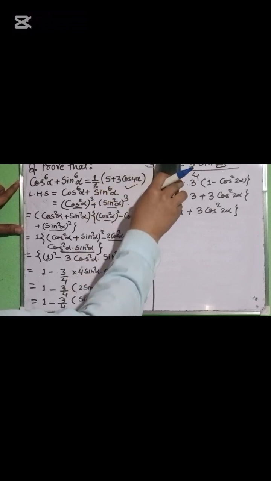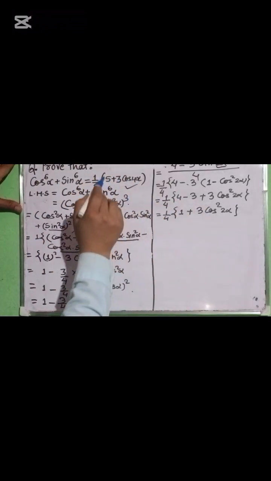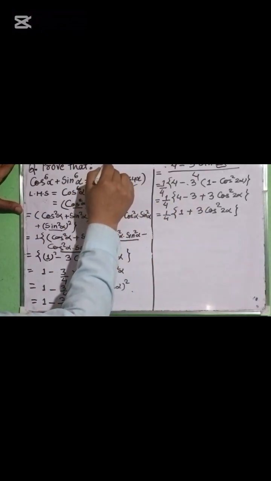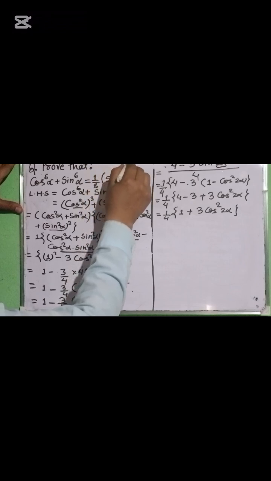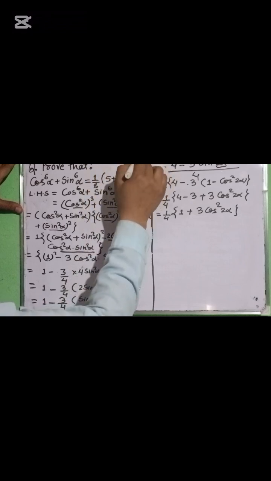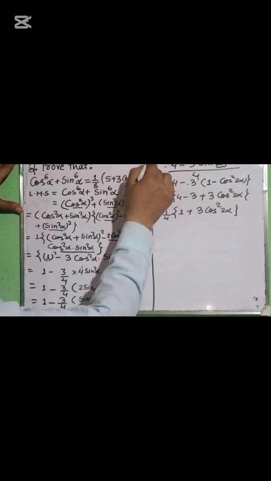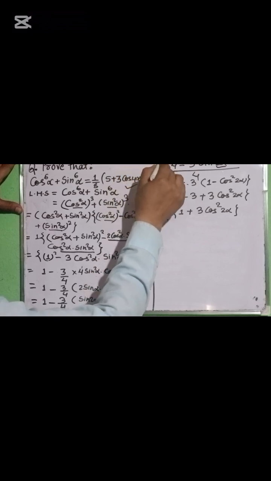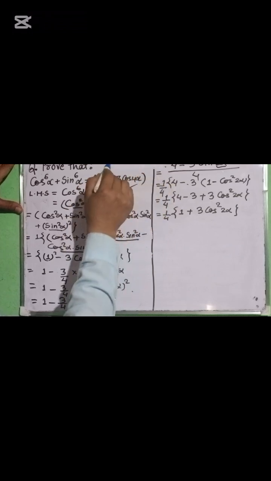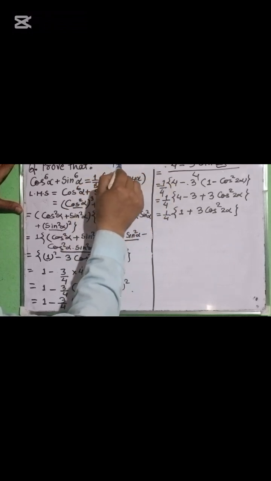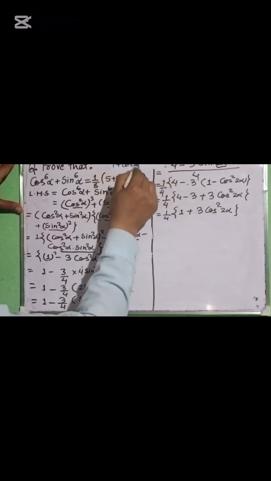Look here, for the use of this formula, as we know, cos 2 alpha means we had the formula 2 cos square alpha minus 1. Okay, then when 1 comes here, it will be 1 plus cos 2 alpha.